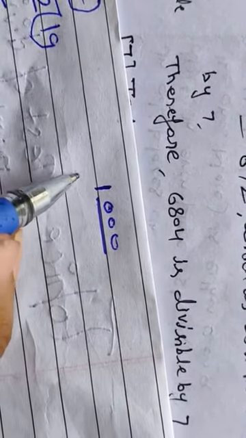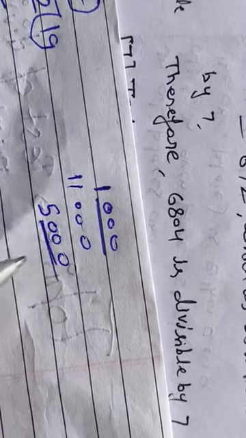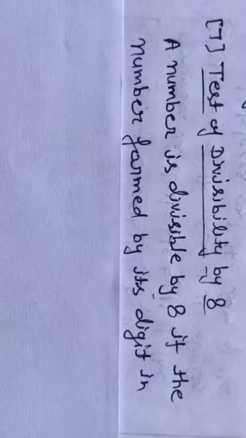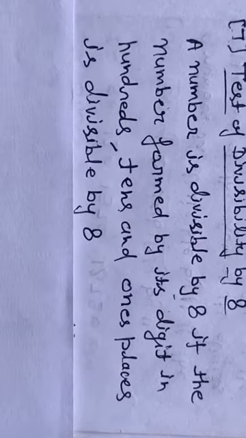For example, 1000, 11,000, 5,000, because there are 3 zeros at the end, so these are also divisible by 8. The test of divisibility by 8 is a number is divisible by 8 if the number formed by its digits in hundreds, tens and ones places is divisible by 8.